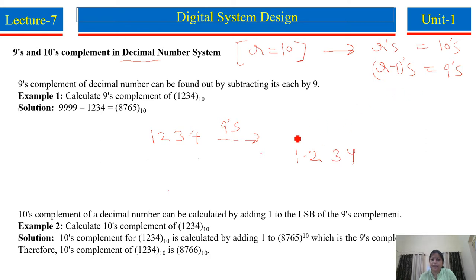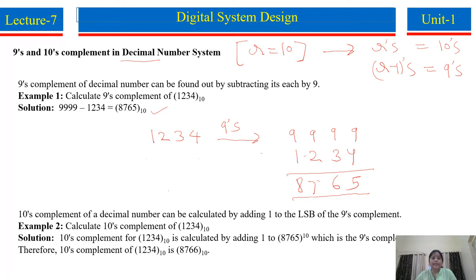So r minus 1 is 9, 9, 9, 9. Subtract: 9 minus 1 is 8, 9 minus 2 is 7, 9 minus 3 is 6, 9 minus 4 is 5. So 8, 7, 6, 5 is the 9's complement of that number, the r minus 1's complement.